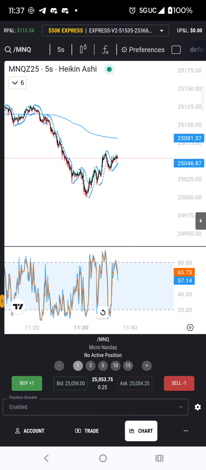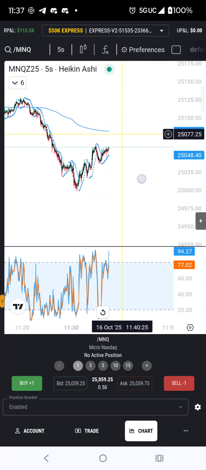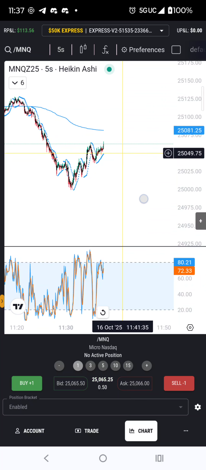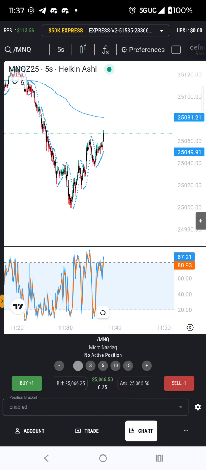Again, we're in a much stronger down, so you don't want to get caught up in that buy. But we can see it go to here. And there it is.